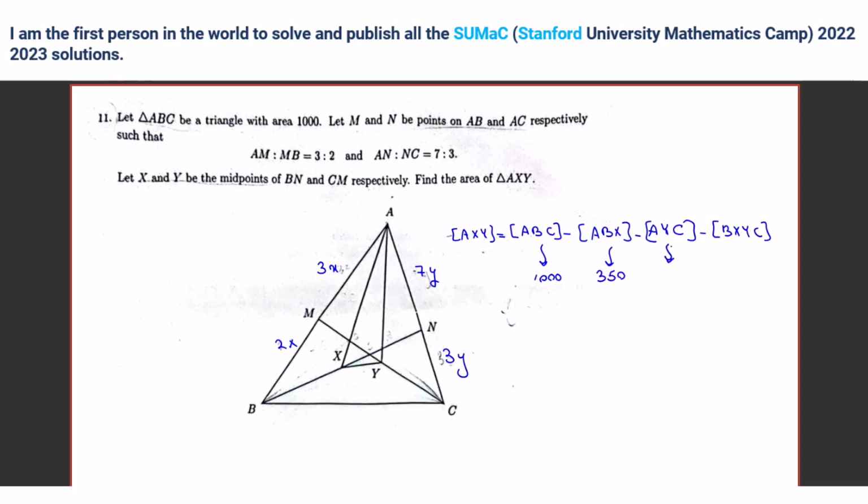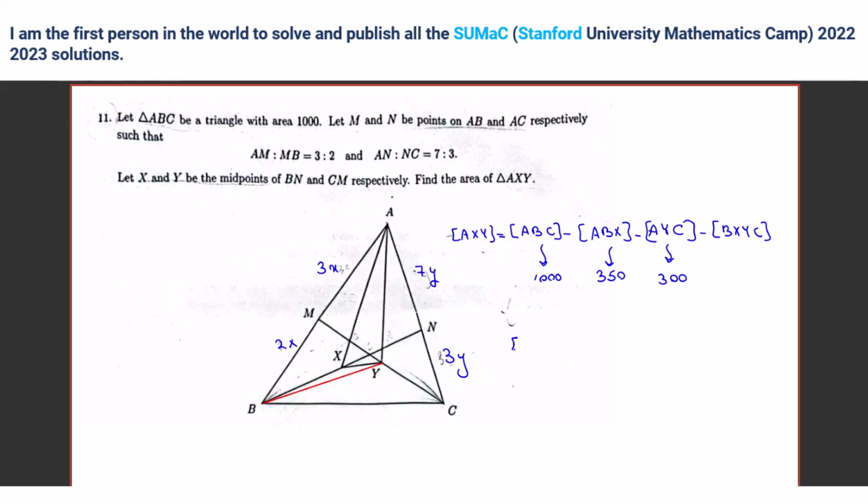What about AYC? AYC is half of AMC. So it's 300, divided by 2, because AMC is 600, it is the midpoint, half of that. 300, completely correct. Now only BXYC is left, so for example, we can draw a line like this. Let me draw with red. We can split into these two parts, right?